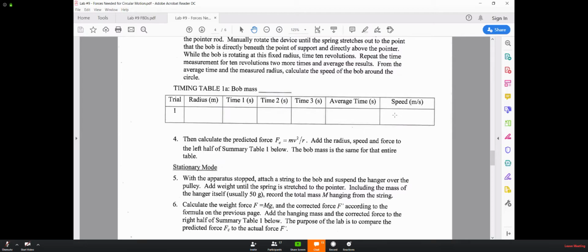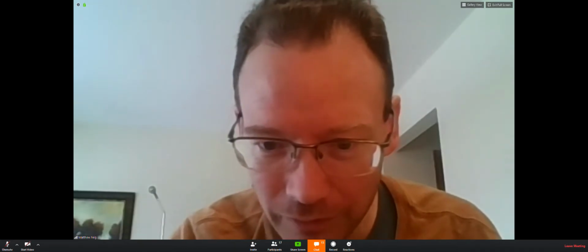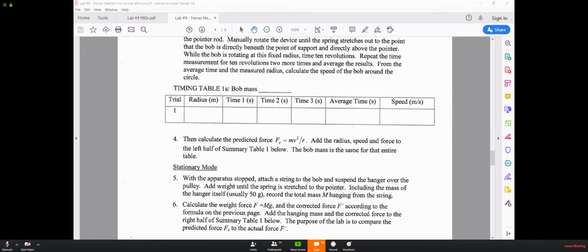What was the radius? I forgot my own radius now. 16.8 centimeters, is that right? 16.8 centimeters. Okay, so I'm doing 10 times 2 pi times 0.168 meters divided by the average time. And I got 1.47 meters per second. And I would put that here in the speed.